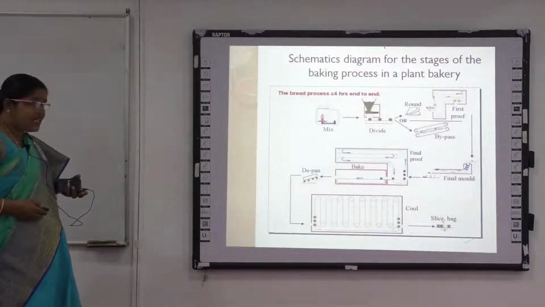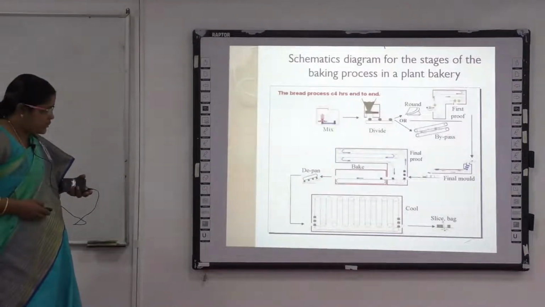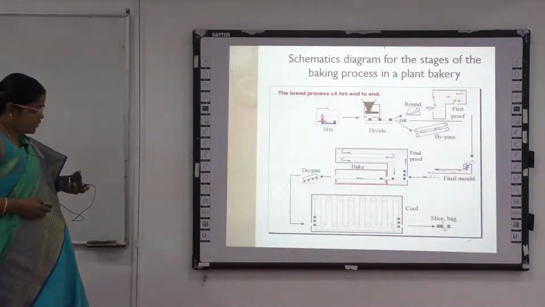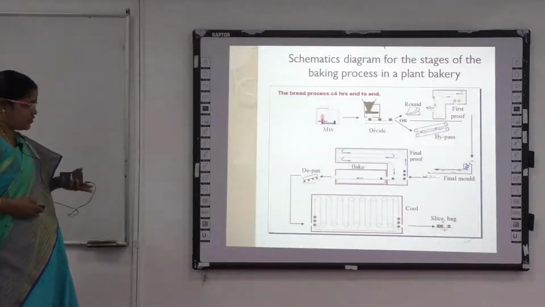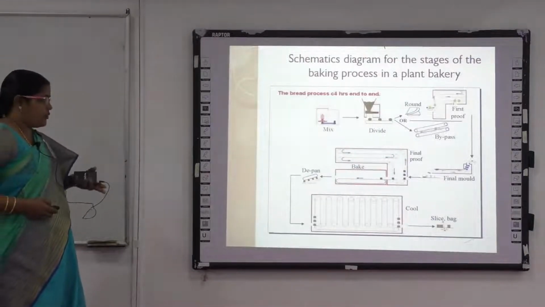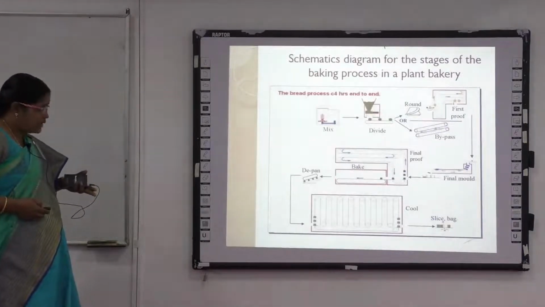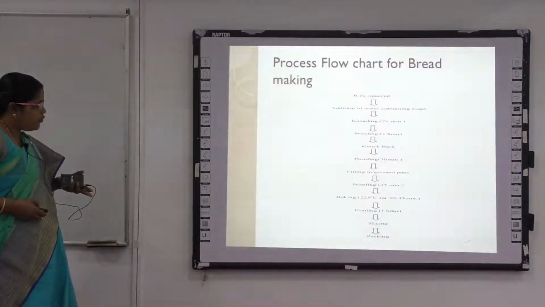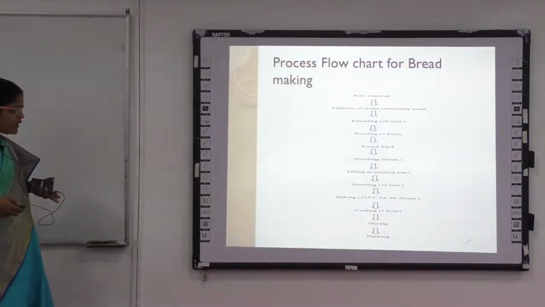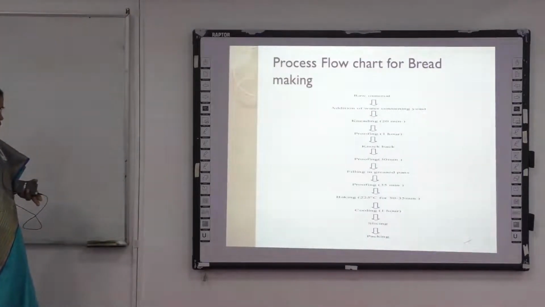The rest will be left for carbon dioxide production, that is volume rise, during the next stage of proofing. Once the dough is filled in the mold, this will be moved to the next stage of proofing, that is final proofing, which will take around 35 minutes.